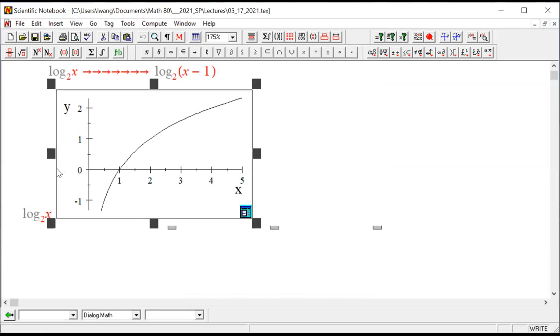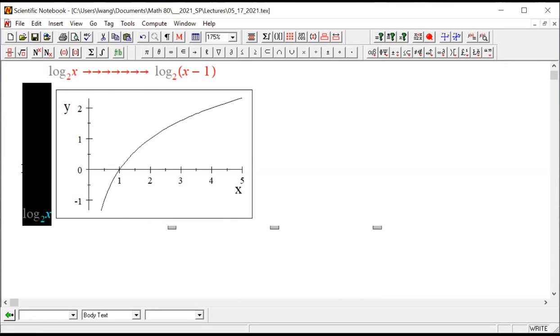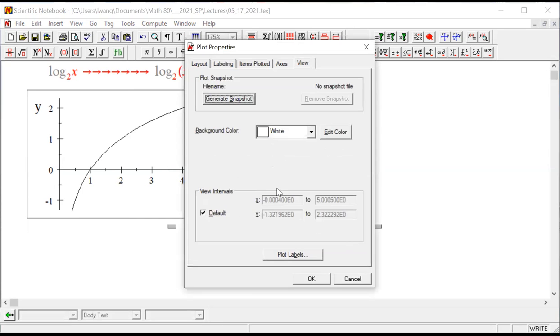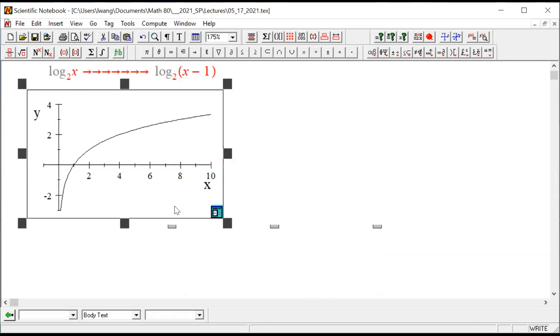So you're going to tell me, okay, let me make some adjustment to the view. So how does the next picture shift? Up or down, left or right?